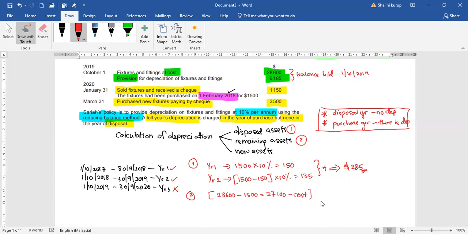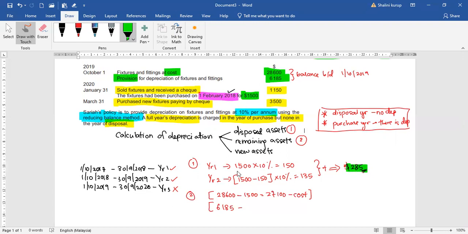Now the same goes for your provision. How do you calculate your provision? You had 6185, and you have to minus the provision for depreciation for the disposed asset, which is easy because you just calculated it. Over the 3 years, obviously in the third year you didn't do depreciation, but for the first 2 years the accumulated was 285.